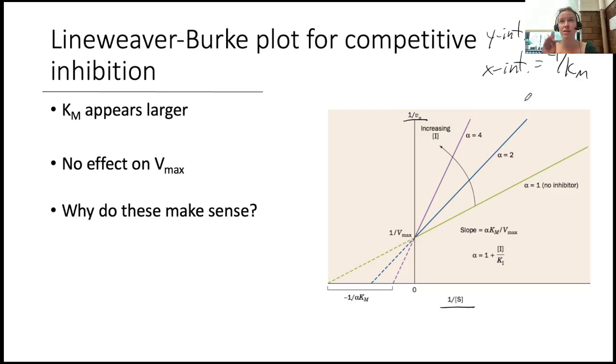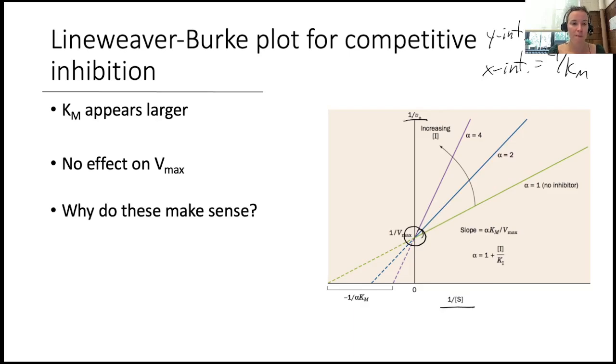It says y-intercept equals 1 over Vmax, x-intercept equals -1 over Km. We use this plot because it clearly shows us the Km and the Vmax. A competitive inhibitor plot is easy to identify because all of the lines intersect at the y-intercept.